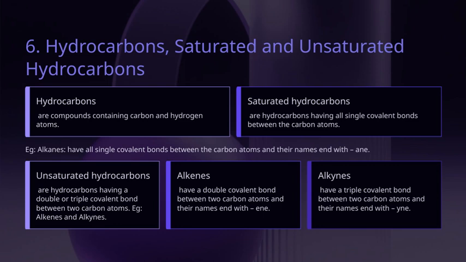Then there are alkenes, which have a double covalent bond between 2 carbon atoms. Like alkanes, their names end with -ene. It's important to see the connection here. Alkenes and alkynes are both types of hydrocarbons with multiple bonds, and we often refer to them collectively as unsaturated hydrocarbons because they have double or triple bonds.